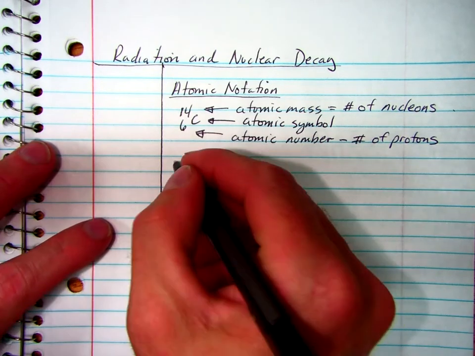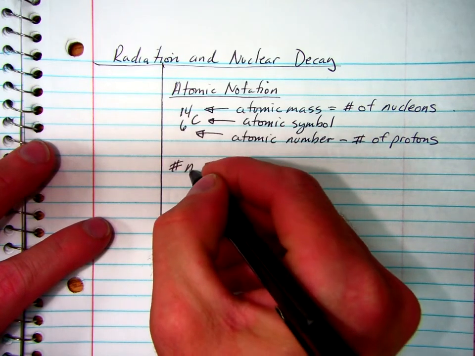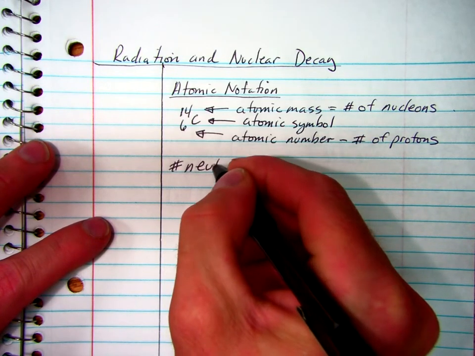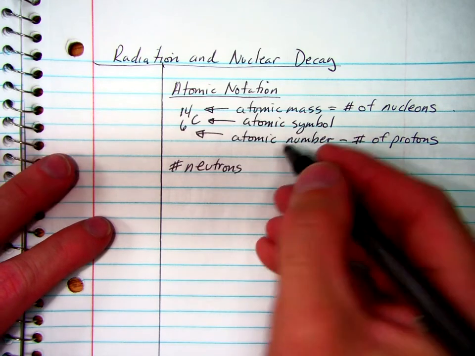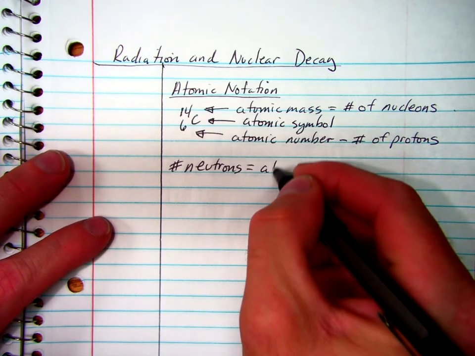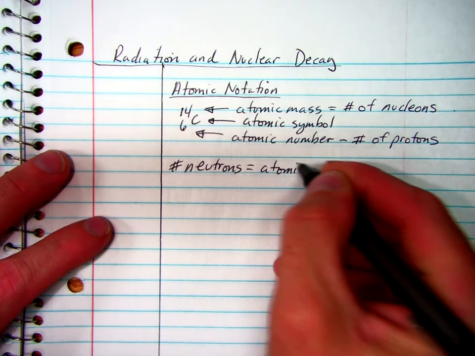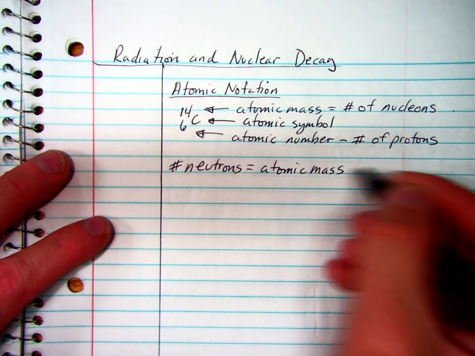Now, you might say, well, how do you find the number of neutrons? You take the atomic mass and you subtract from it the atomic number.